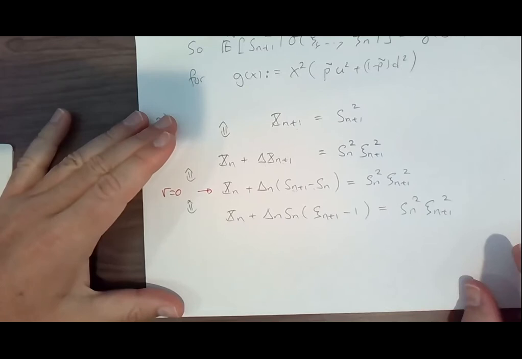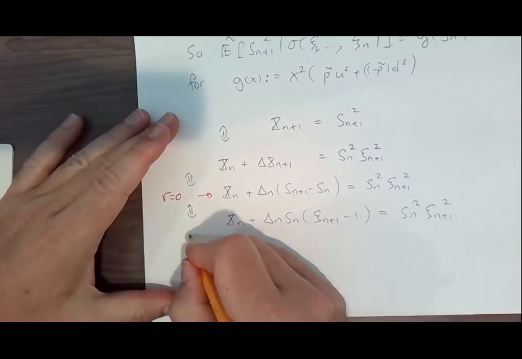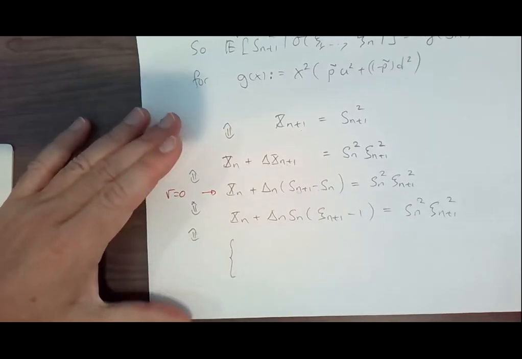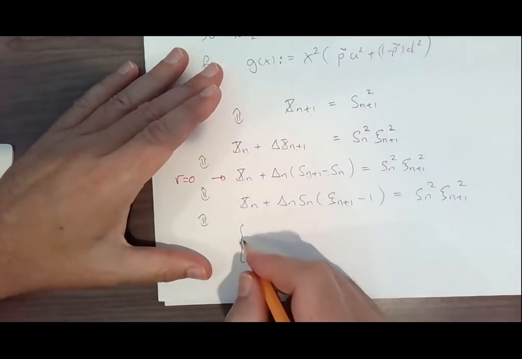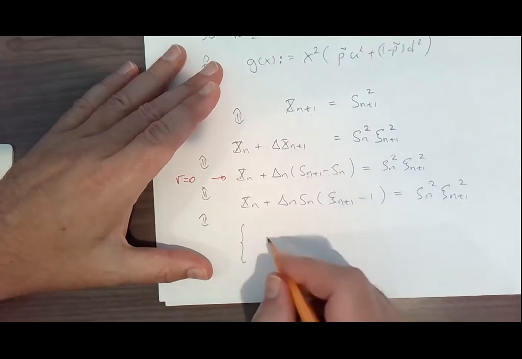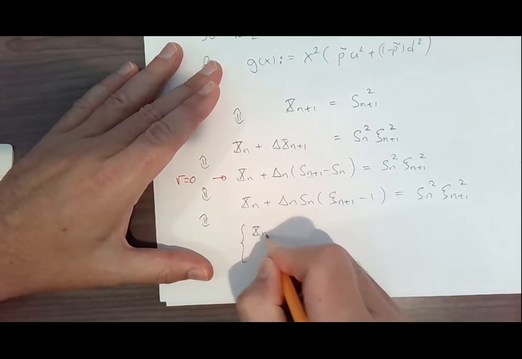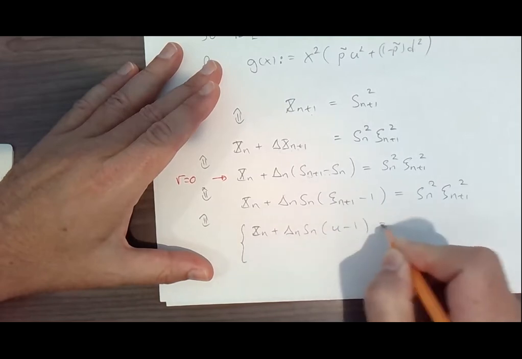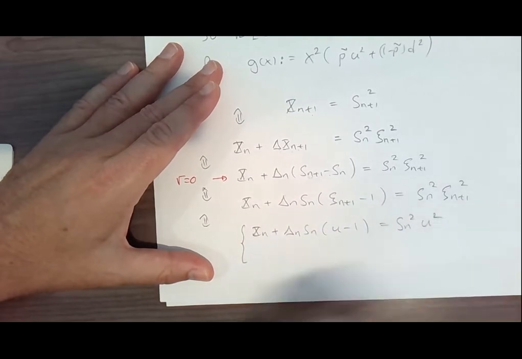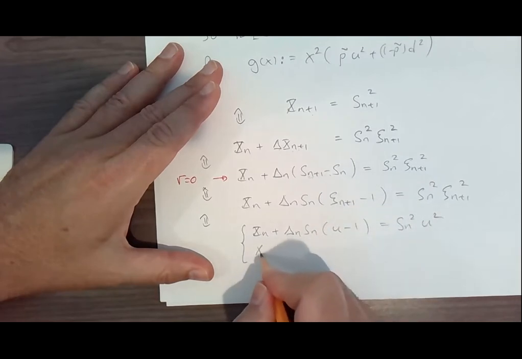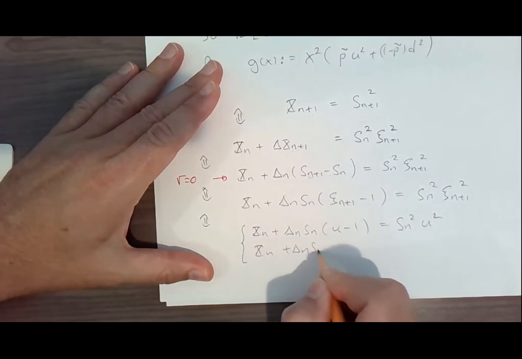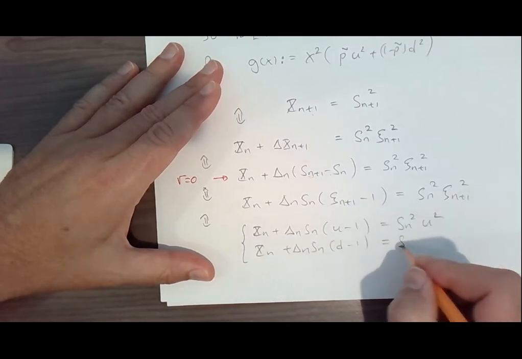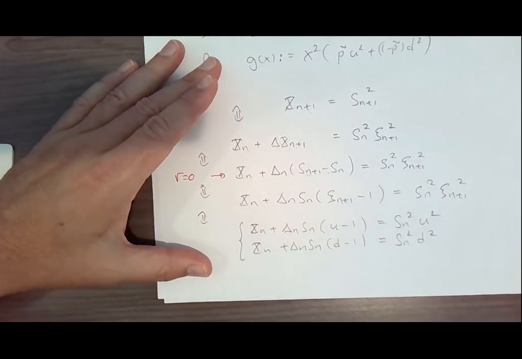So as before, you really have two equations and two unknowns. This is the same as saying that x_n plus delta n S_n times (u minus 1) is S_n squared times u squared. And the same thing for the down move, that this is equal to S_n squared t squared.